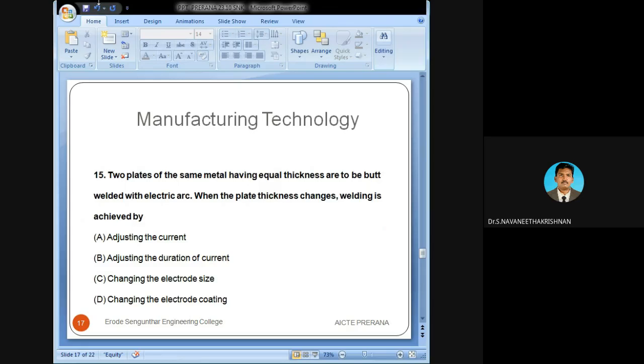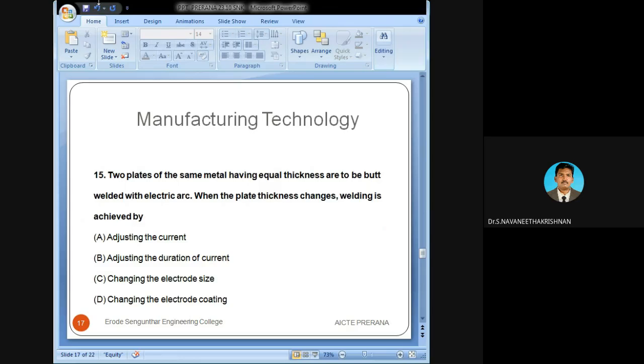When the plate thickness changes, welding is achieved by which of the following?